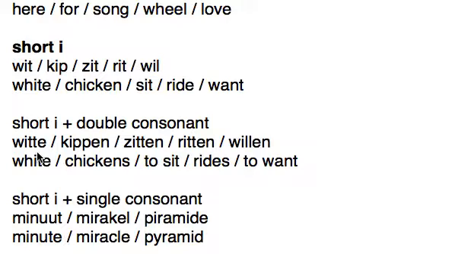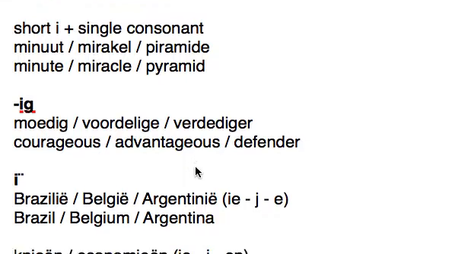All right. And if there's only one consonant, it's a long I. So that's minuut, mirakel, piramide. And there you have two long I's. All right, let's take a look at some special cases here.